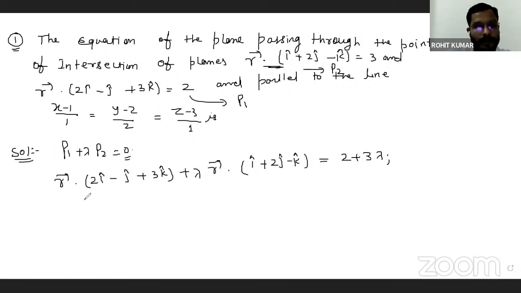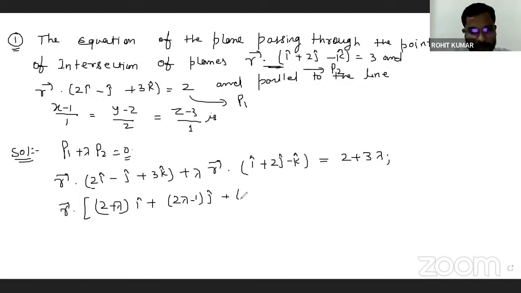Let's take the coefficient of i. r dot ((2 + lambda)i + (2 lambda - 1)j + (3 - lambda)k) = 2 + 3 lambda. Now, according to the question, this plane has to be parallel to the line.